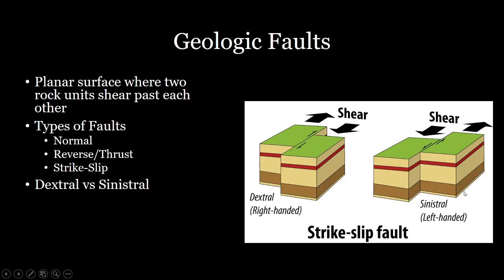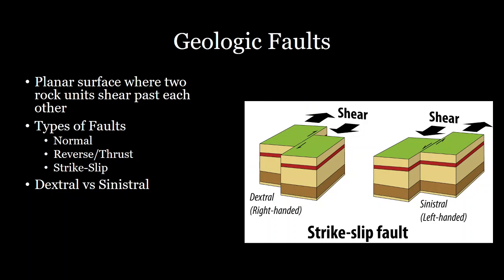A sinistral strike-slip fault is the opposite. So that upper layer is moving to the left, and the lower layer, if you're looking at it from a top-down view, is moving to the right.